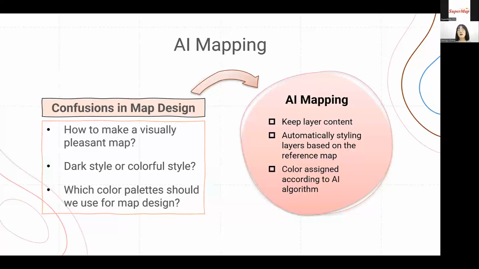So AI mapping is quite simple. Here we just use AI algorithms to help us find the best color scheme or color patterns for our map, so that it won't change the content of the layers or the order of the layers, but it can automatically change the style you set for each of the layers based on a reference map or a reference picture that you provided.